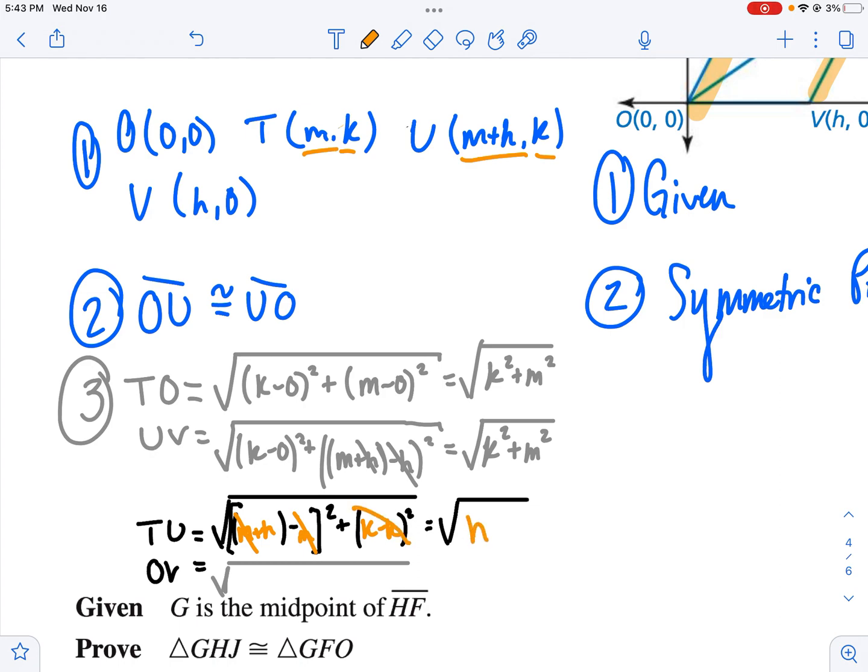Those would reduce, and you're left with just h squared. And then for OV, I've got 0 minus 0, which doesn't do anything, and h minus 0, which would simplify to the square root of h squared.